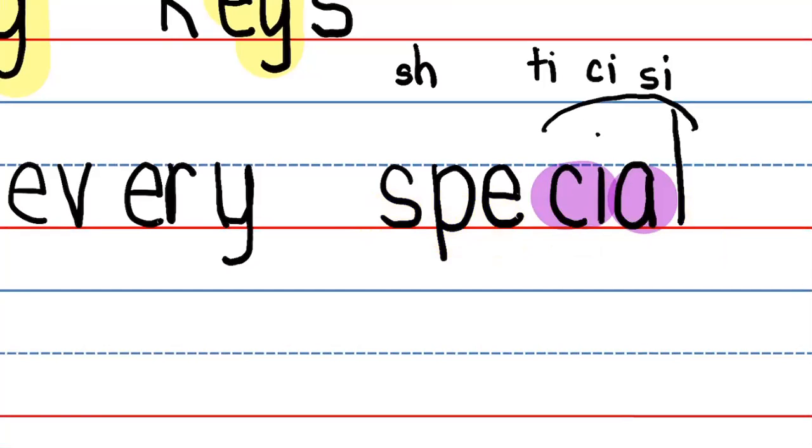We often use A to say that at the end when we have endings like musical and magical and special, and you are special. So I like to say, I see something special. It just kind of helps me remember that we're using the CI to say sh.